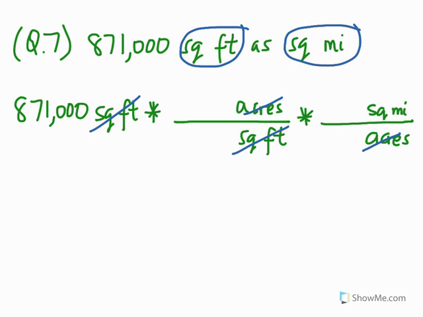So let's go ahead and finish this up. You now ask yourself, what is the relationship? I crossed it out before I started doing this, so let me undo what I did. I'll cross it out later, but just to show you. What is the relationship between square feet and acres? You look at your table, we see that 1 acre is 43,560 square feet.